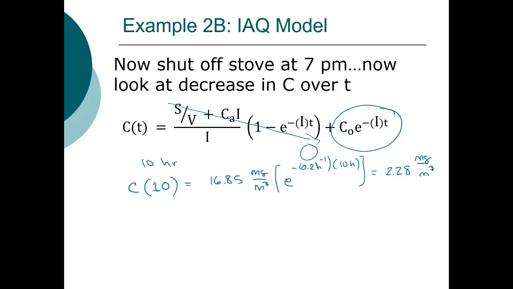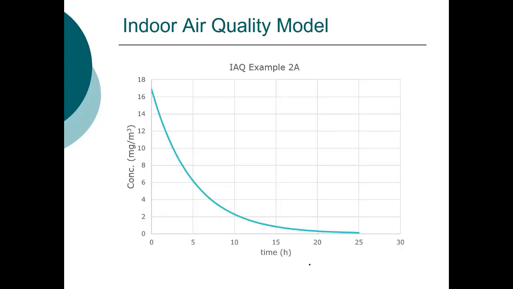So now we've assumed here, remember, that carbon monoxide is conservative, which means that K is equal to 0. We're assuming that it's non-reactive. And so the concentration is decreasing, and it's decreasing exponentially. And it would look like this.